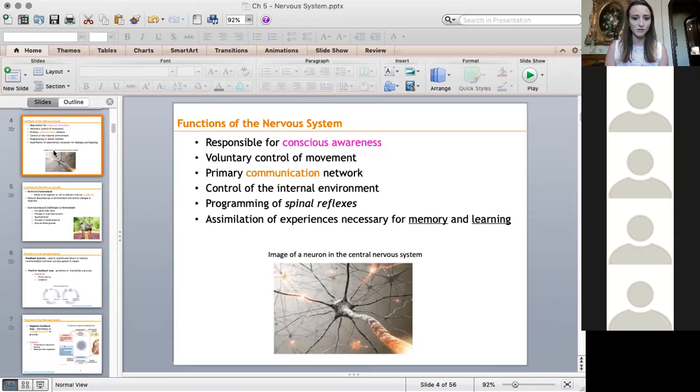So nervous system, most important system, primary system of communication. So this is how basically our body functions. You can see everything else that this system is responsible for, and we'll go into more detail about that. But from this slide right here, just primary system of communication, most important system in the body, and we'll touch on all those other topics in just a little bit.